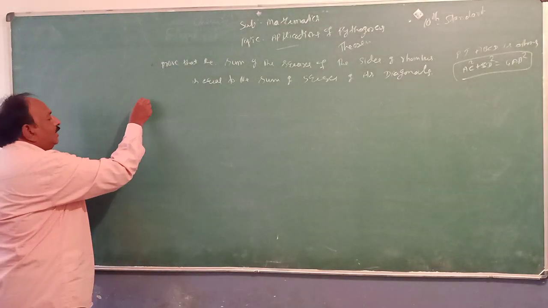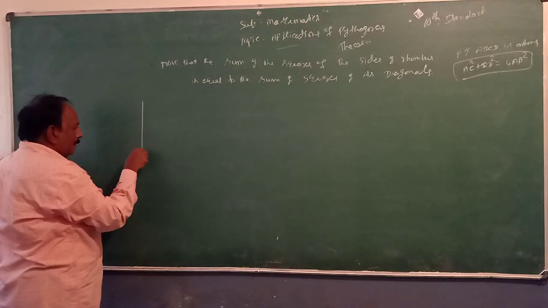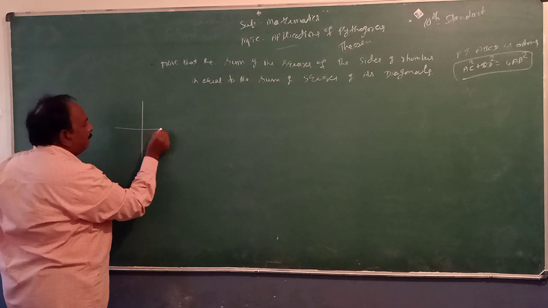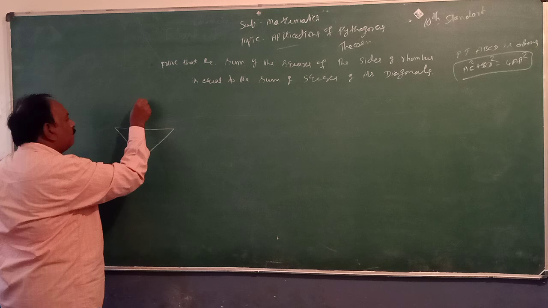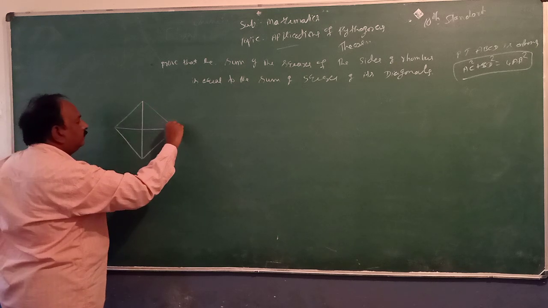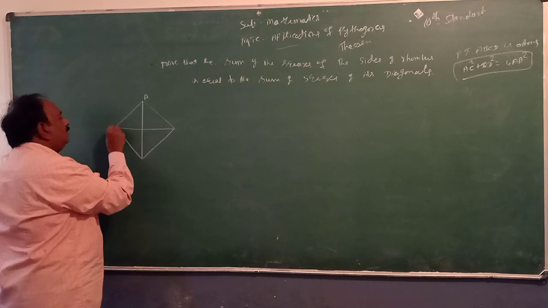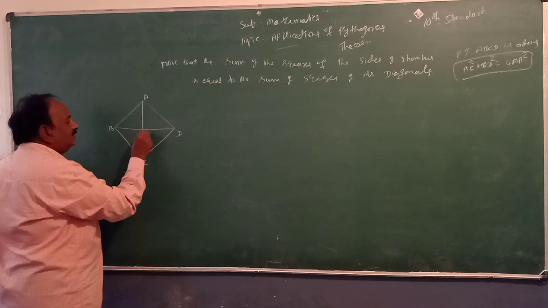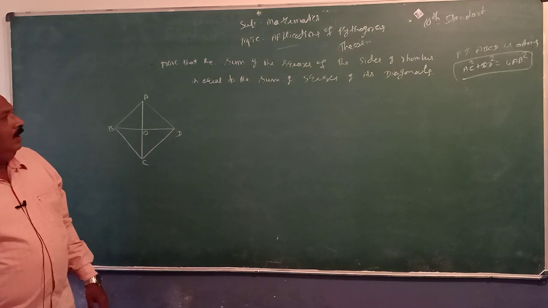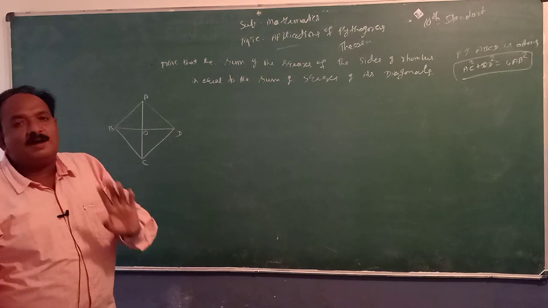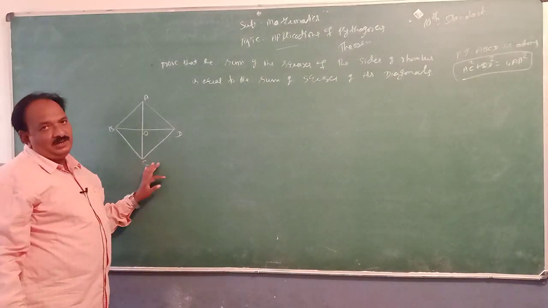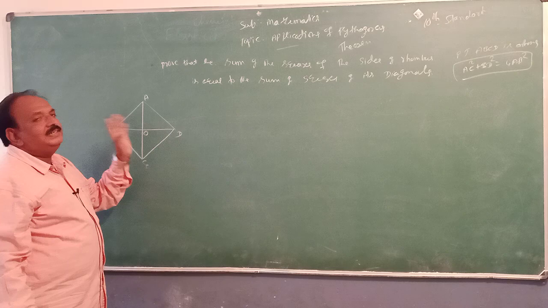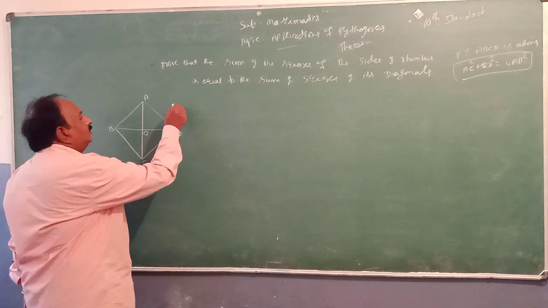First, draw the rhombus. How to draw the rhombus? This is a rhombus, ABCD. First property of the rhombus you must know. What is a rhombus? A rhombus is a type of quadrilateral in which all sides are equal.